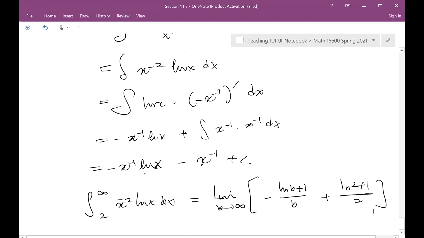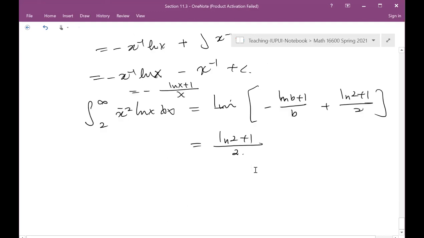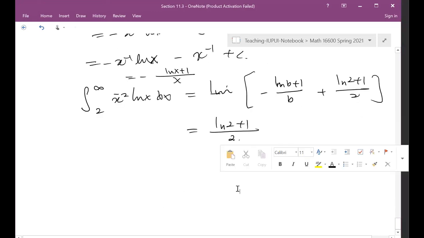Yeah, because this is going to be negative x natural log x plus 1, right? Now, clearly this side's limit is going to be 0, so the answer will be natural log of 2 plus 1 over 2, okay? This is a finite number. You can use L'Hopital's rule to prove the limit is 0, the first term.